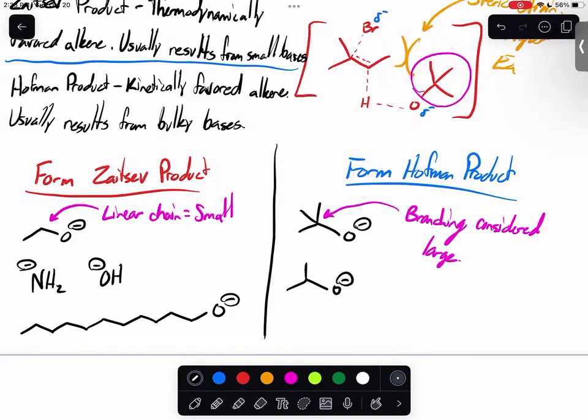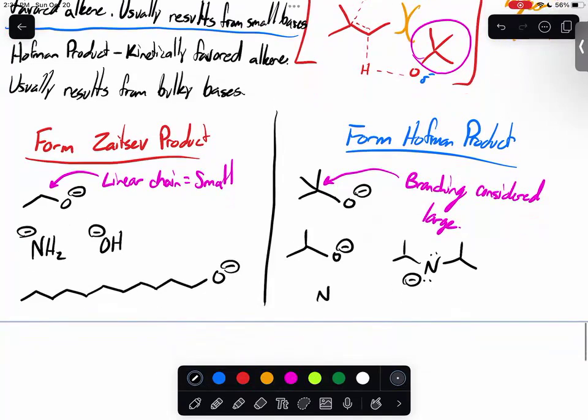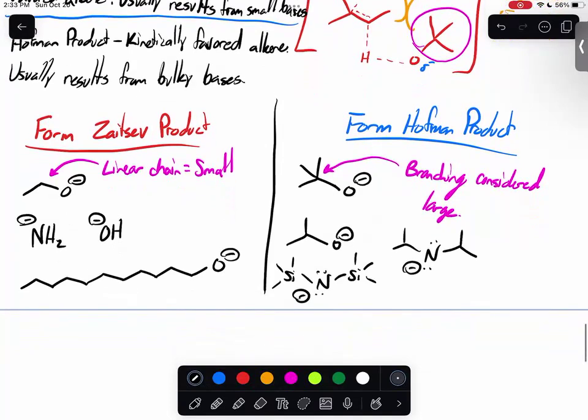It's a secondary alkoxide, so it's going to be considered large. We have things like these amides, where it has this negatively charged nitrogen in it, right? That is considered to be bulky because it has those branching side arms hanging off of it. Same thing with this really weird looking base that has silicon in it, but it's still the same idea. It's a negatively charged nitrogen that has a lot of steric bulk around it.